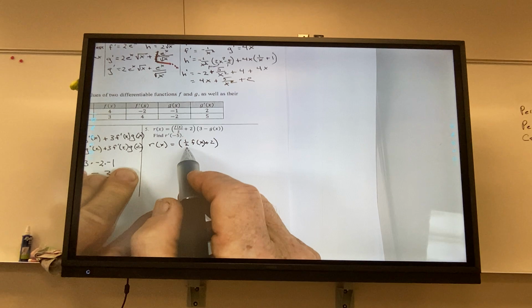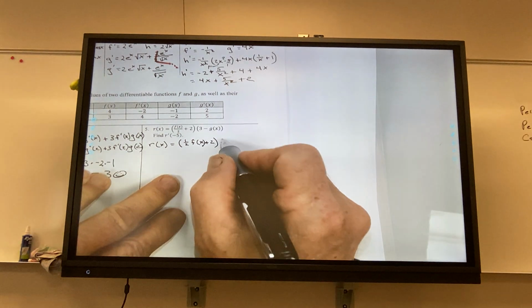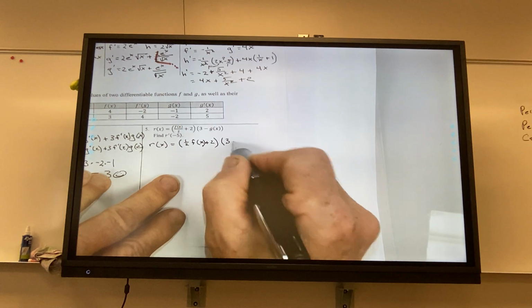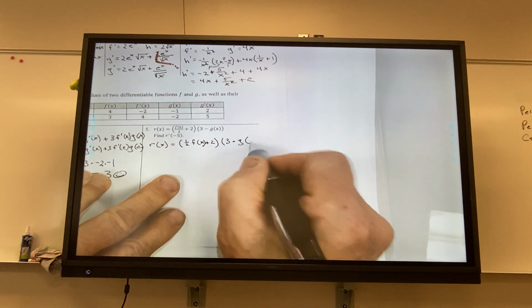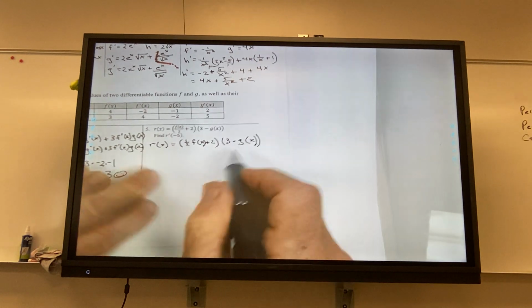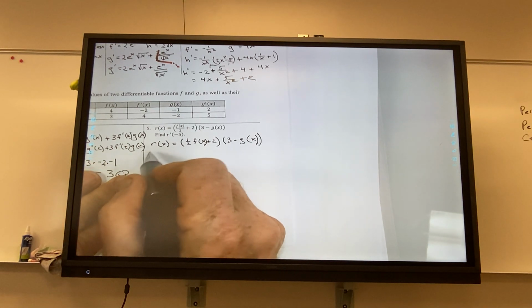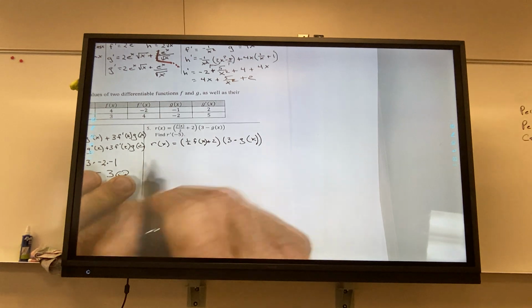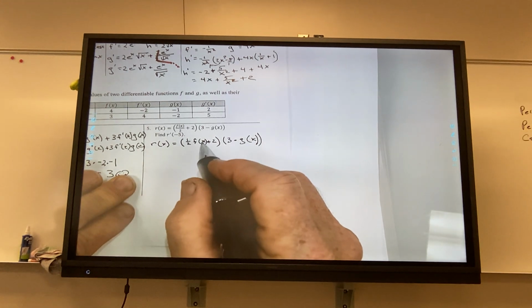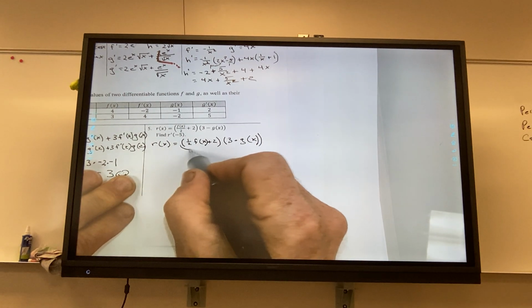All right. Yeah. R of x, parentheses, 1/2 f of x, plus 2. I don't like dividing, I like looking at it as a coefficient, because now I'm going to treat it like I did with the 3. Times 3 minus g of x. So we're multiplying, right? Okay, here's one of our functions.